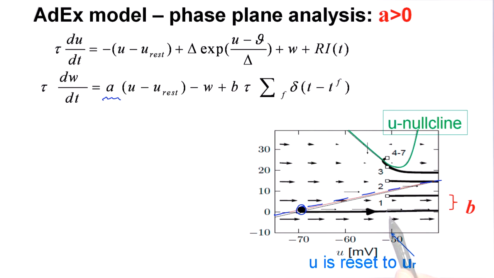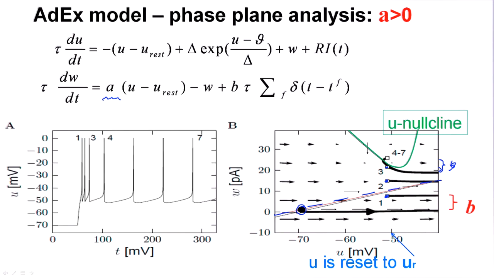The voltage is now reset to say minus 50 millivolt, and B is in the medium range. So after the first spike, the trajectory starts here, then it's reset again, it will start here, it's reset again, it starts here, and it's reset again by an amount B, starting from this point here.